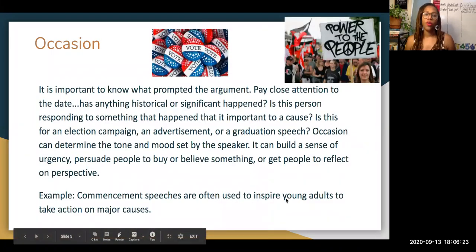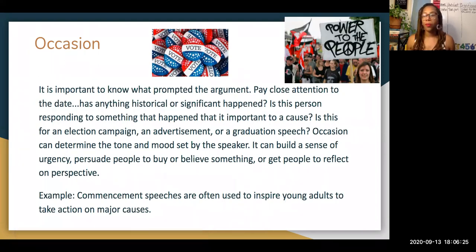Occasion. It's important to know what prompts the argument, right? What's the occasion that brought this speaker to the stage or on television or what have you? Has anything historical or significant happened right at the moment?